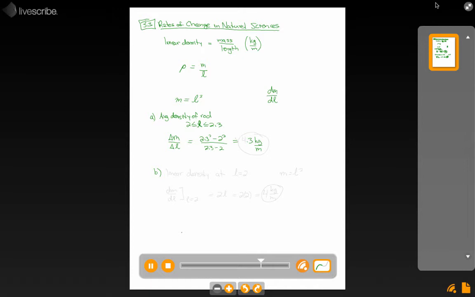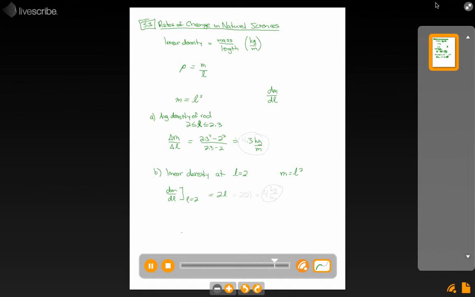Now for question B, if they ask the linear density at L equals 2, then what we're looking at is dm by dl when L equals 2. So the function, m equals L squared, is relatively easy to differentiate.